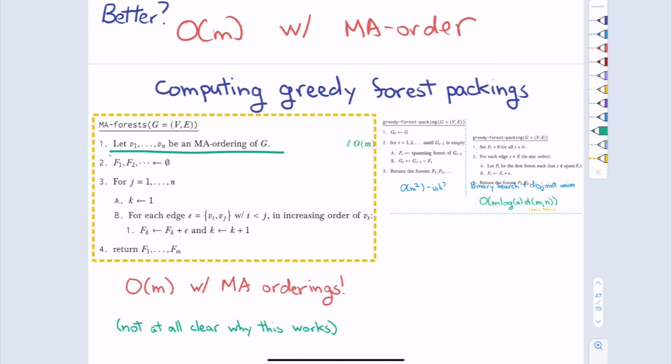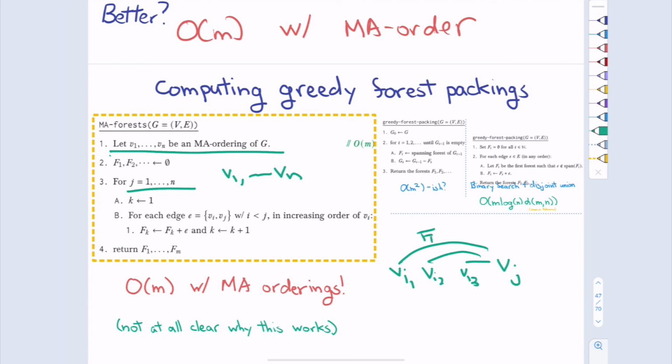And somehow, so you have v1 through vn, and you go through the vertices v1 through vn, j equals 1 to n, and then vj has some edges to preceding vertices in the list, and you're going to put the first one in the first forest. So this edge will go into F1, this edge will go into F2, this edge will go into F3, and so forth.